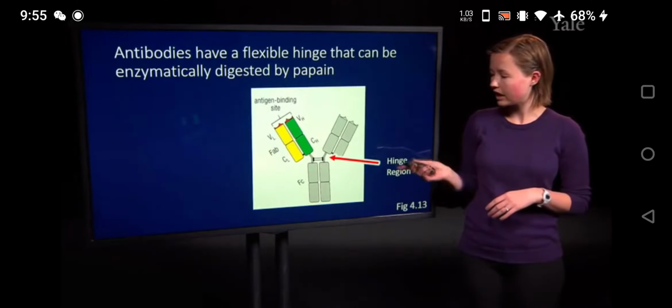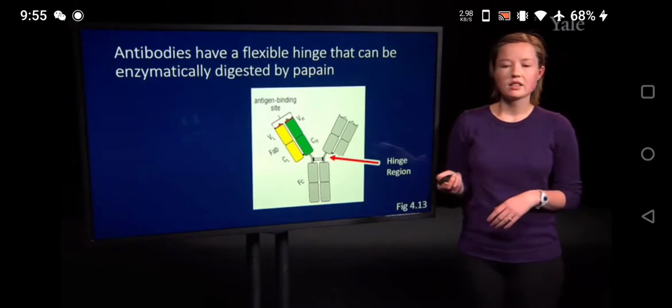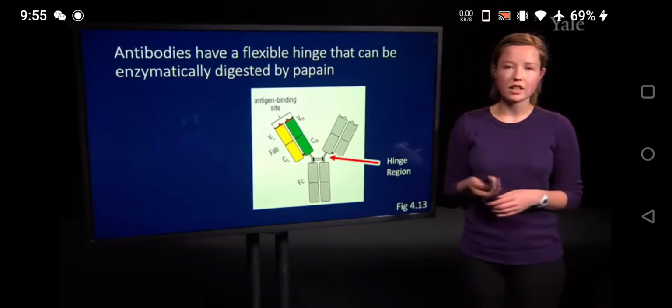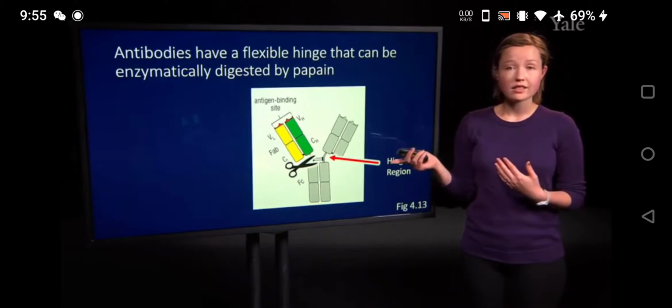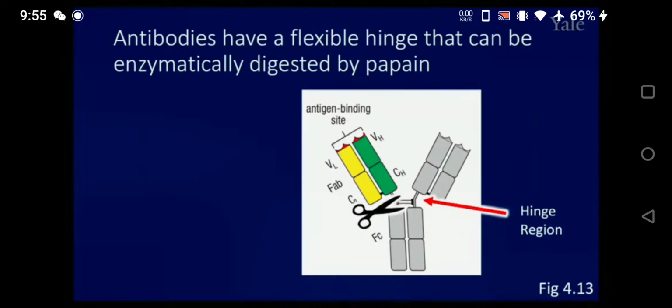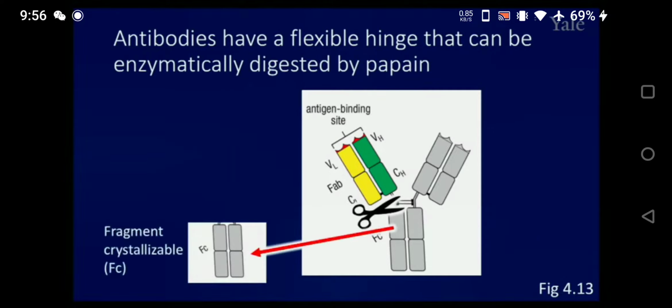And the way that this was studied when it was initially discovered is they found that if you digest this antibody with this protease called papain, this will cleave at the flexible hinge region, and you get one portion referred to as fragment crystallizable.